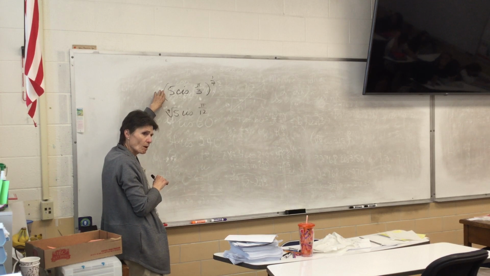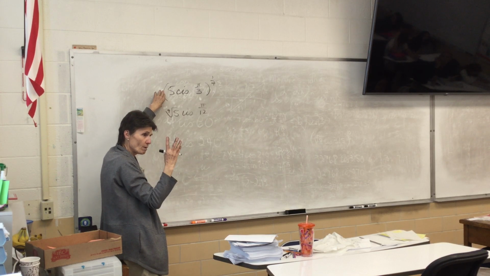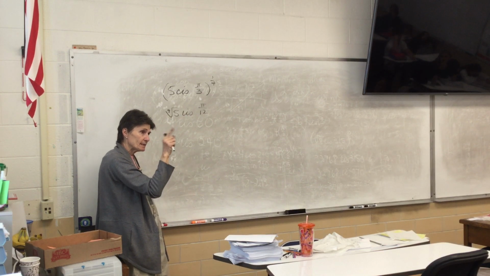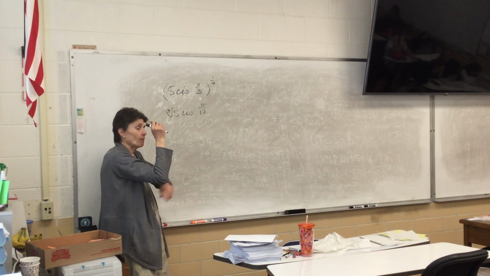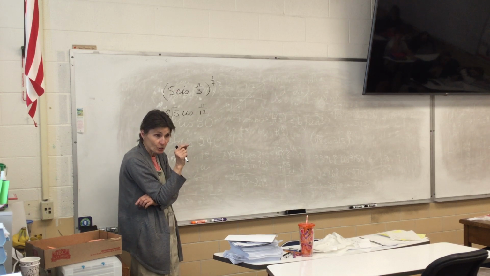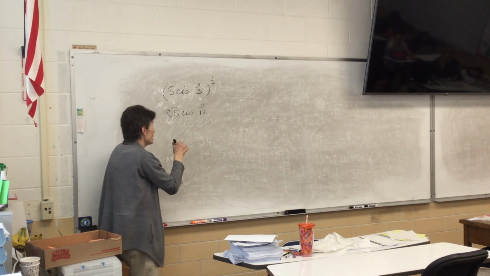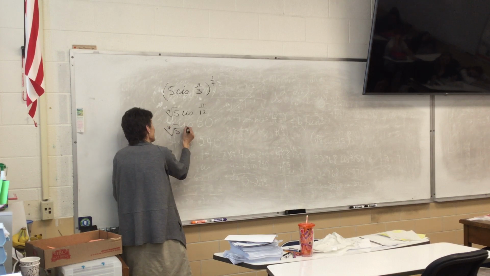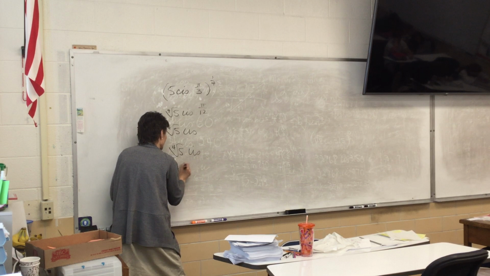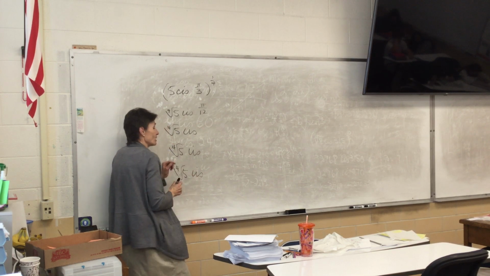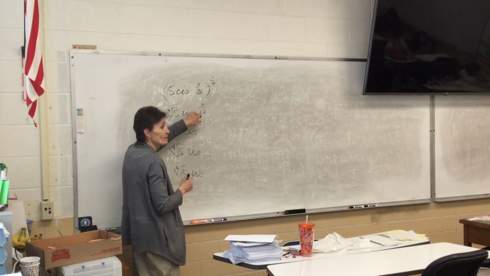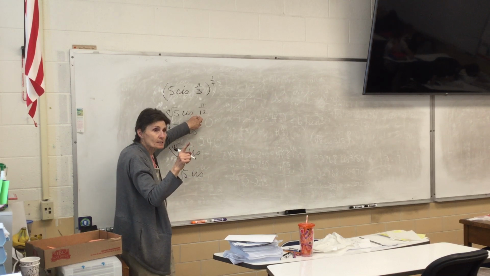How many answers does this problem have? 4. Spokes of a wheel, 4, evenly spaced. How far apart are they? 90 or pi over 2. So my 4 answers are going to be pi over 2 apart, or 6/12.